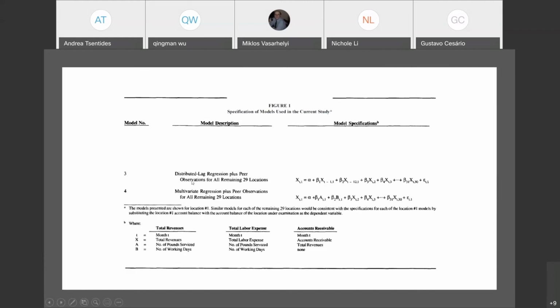They did that to both models 1 and 2, and those are our models 3 and 4 now. We'll see that as a comparison. This is what we looked at before, and this is the model as it changes now with the other locations, all the way up to location 30.